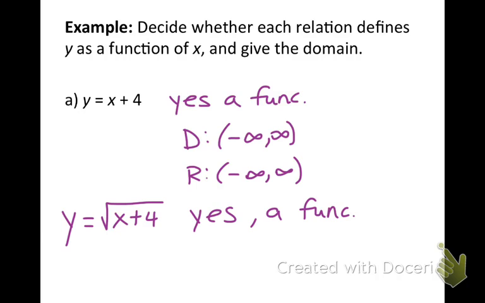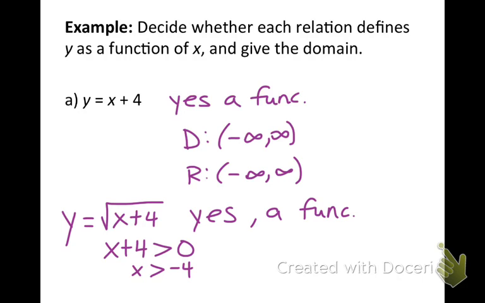Technically, yeah, so think about this. What is the smallest x value I could put in here to get an actual number? Not 0. Negative 4 would get you 0, right? Anything smaller than negative 4, I'm not going to be able to get that out. So whenever you get a square root sign like this, x plus 4 needs to be greater than or equal to 0, which means your x needs to be greater than or equal to negative 4.